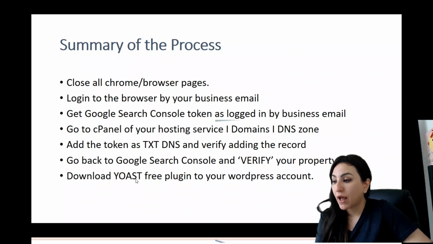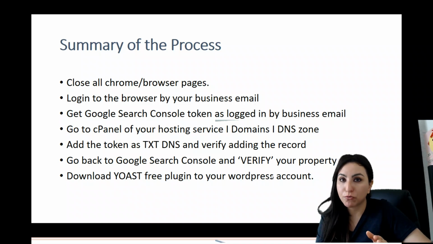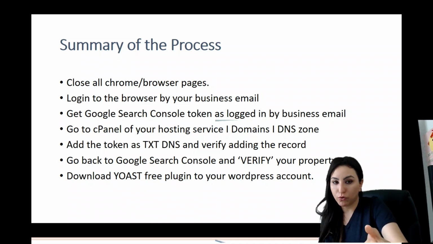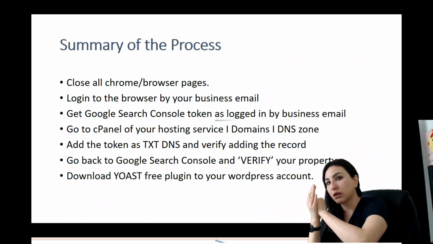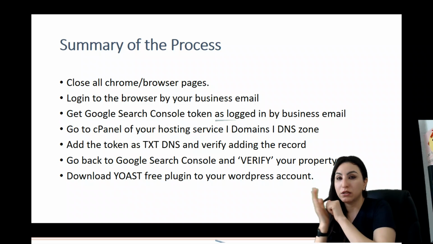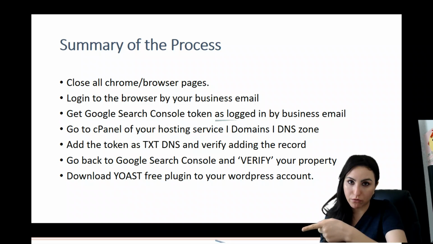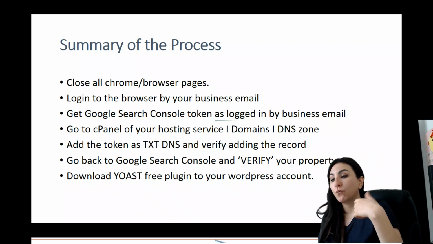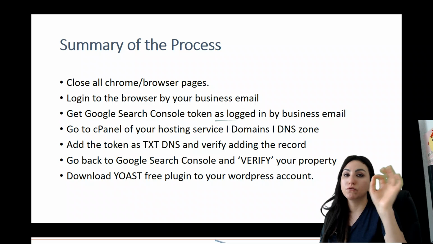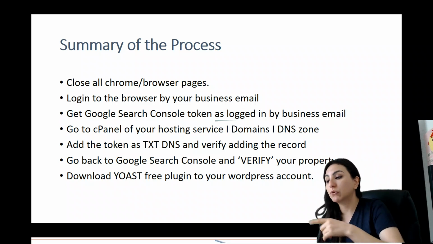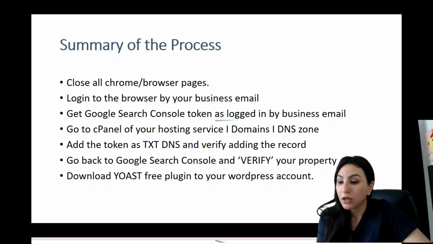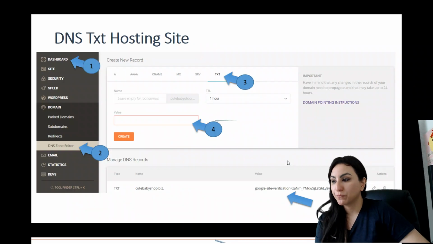Then go back to your Google Search Console and verify your property. So you got a token, you added the token into your domain DNS zone, and then you go back to your Google Console interface and verify. Once it tells you that you're verified, download the Yoast free plugin to your WordPress account.